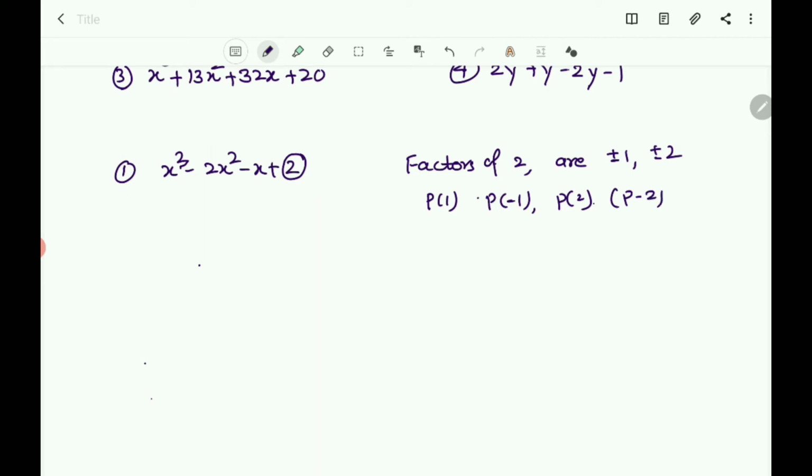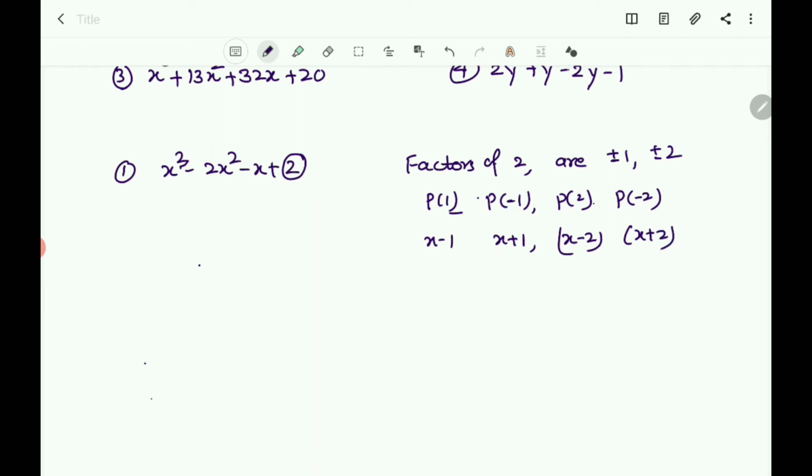So here if p of 1 is 0, then x minus 1 becomes a factor. If p of minus 1 is 0, then x plus 1 is a factor. If p of 2 is equal to 0, then x minus 2 is a factor. If p of minus 2 is 0, then x plus 2 is a factor.